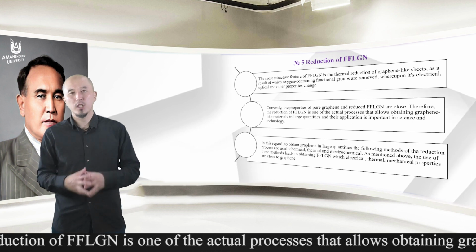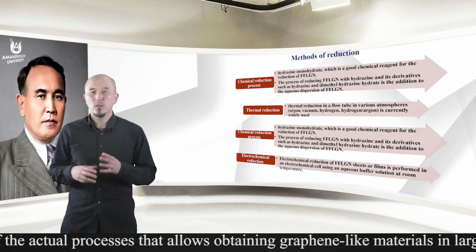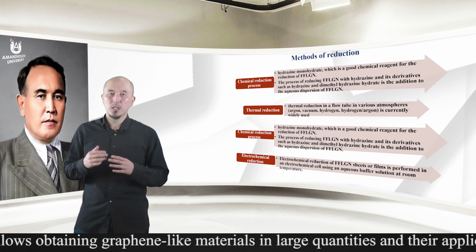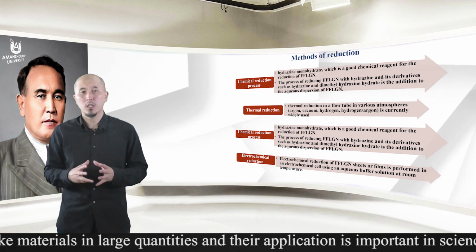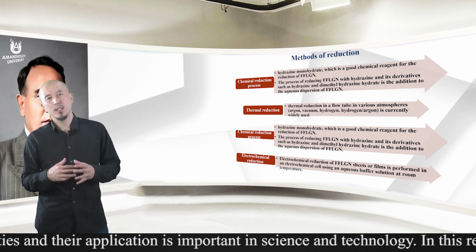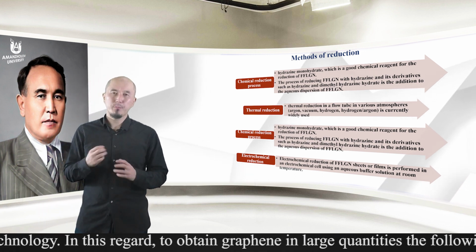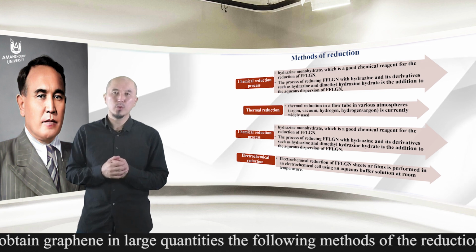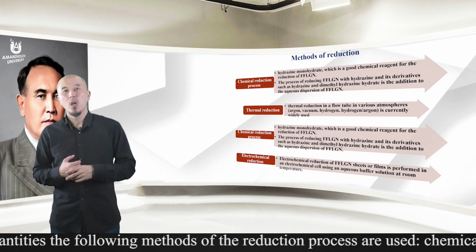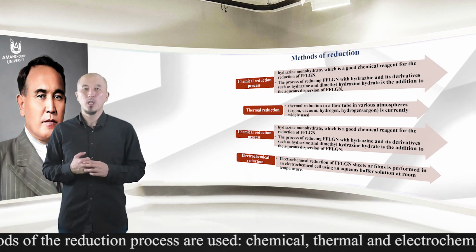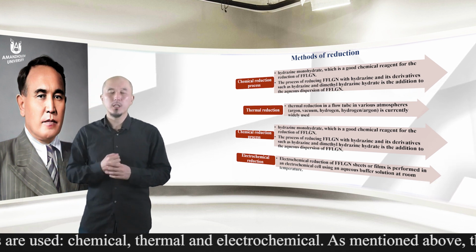the reduction of FFLGN is one of the actual processes that allows obtaining graphene-like materials in large quantities, and their application is important in science and technology. In this regard, to obtain graphene in large quantities, the following methods of the reduction process are used: chemical, thermal, and electrochemical.